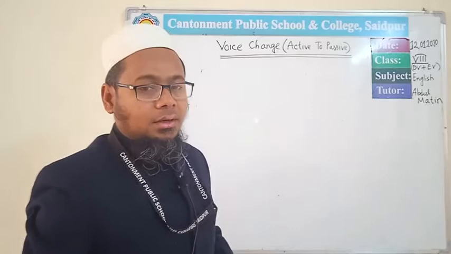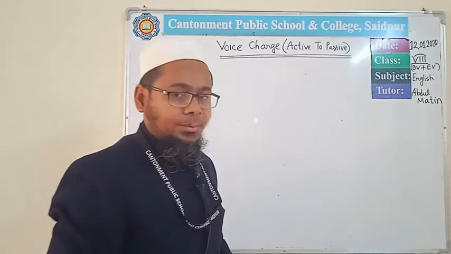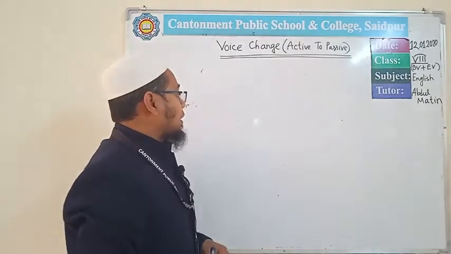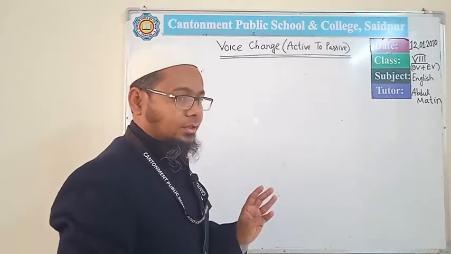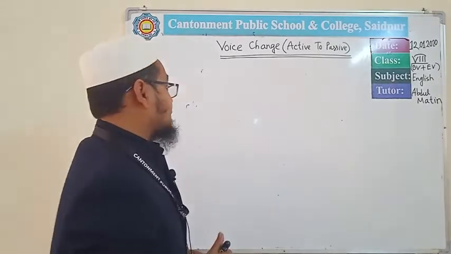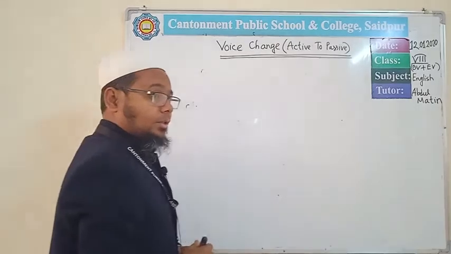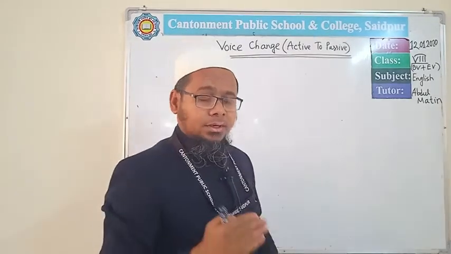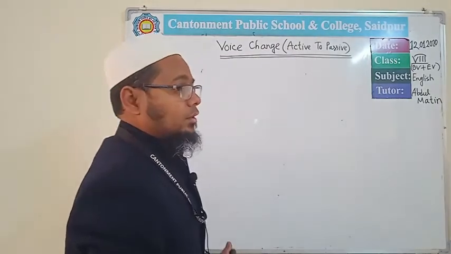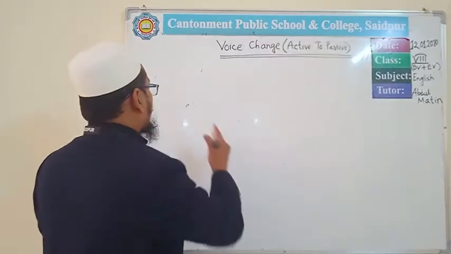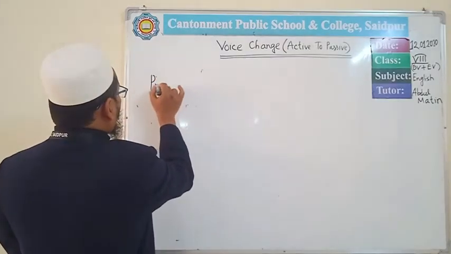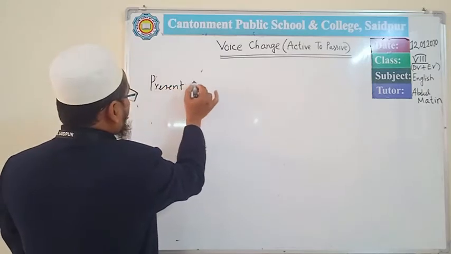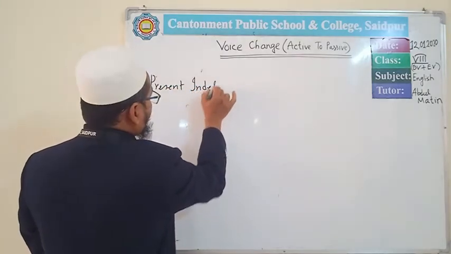If we think of other tenses of present tenses, present continuous, present perfect, what will be the auxiliary verbs? Now we'll discuss the use of auxiliary verbs in the case of passive voices. First, present tenses. Present indefinite tense.